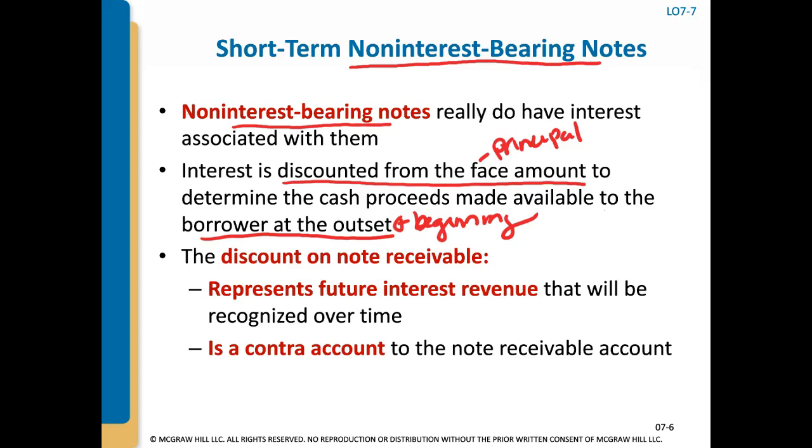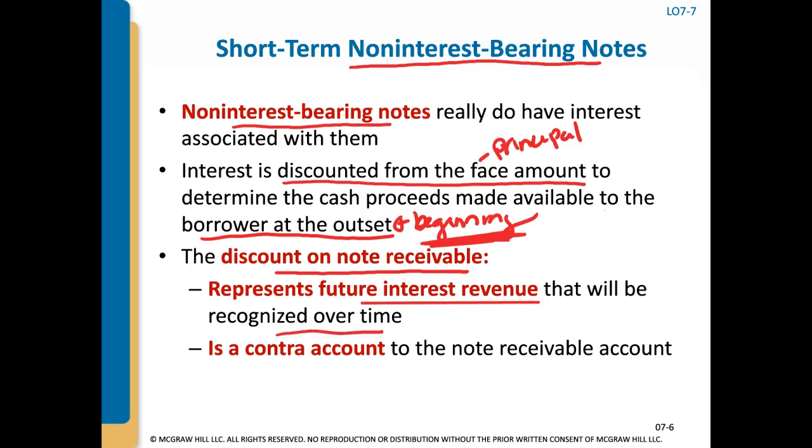At the end of the 6 months, you're going to give me $700,000. However, at the beginning, at the outset, I'm not giving you $700,000 worth of goods. I'm going to give you less than $700,000 of goods, and that's where the interest is kind of embedded in there. And there's going to be, it's called a discount on the notes receivable, and it represents future interest revenue that will be recognized over time.